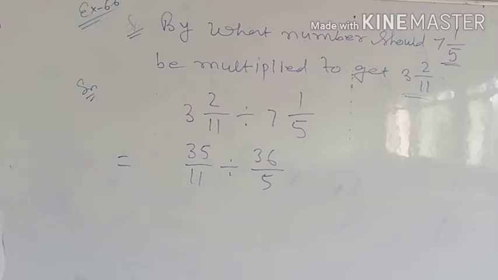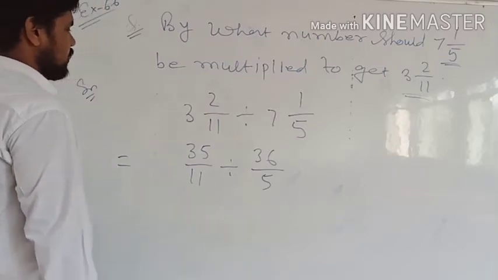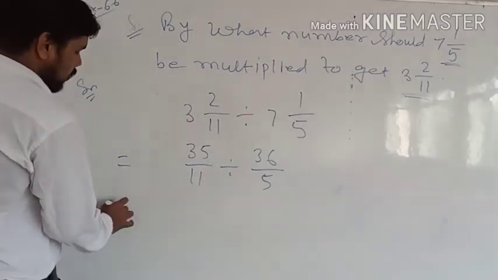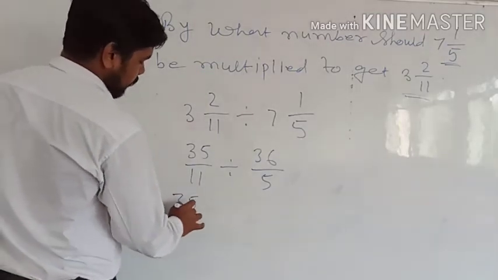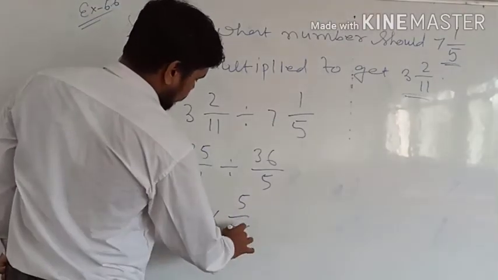So 3 whole 2 by 11 is 35 by 11, and 7 whole 1 by 5 is 36 by 5. Now 35 divided by 11 multiplied by 5 divided by 36.